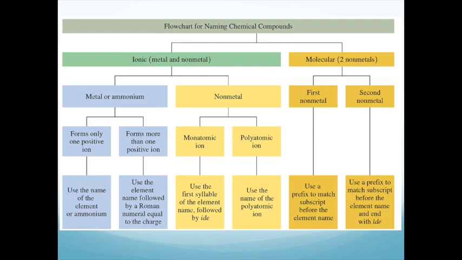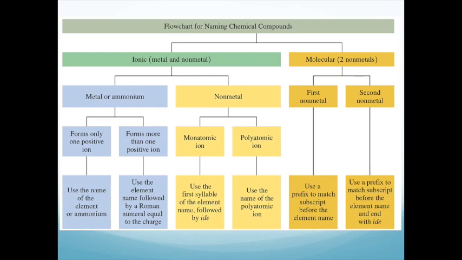So here's a flowchart for naming chemical compounds. It's helpful to distinguish between metals and nonmetals, because when a metal bonds to a nonmetal, it forms an ionic compound. A molecular or covalent compound is formed between two nonmetals. So in the case of ionic compounds, the cation is the metal, or in some cases ammonium, and then the anion is a nonmetal.